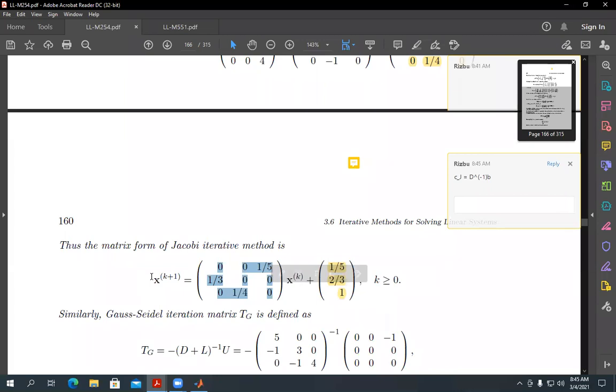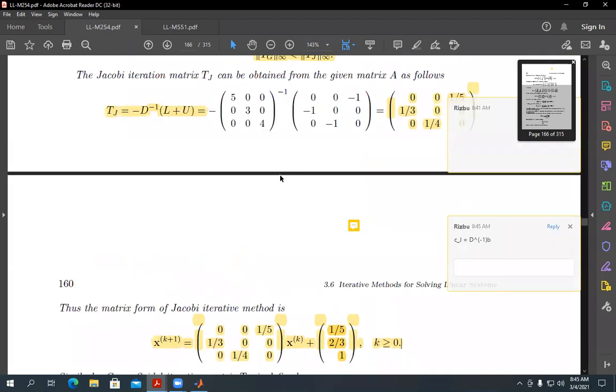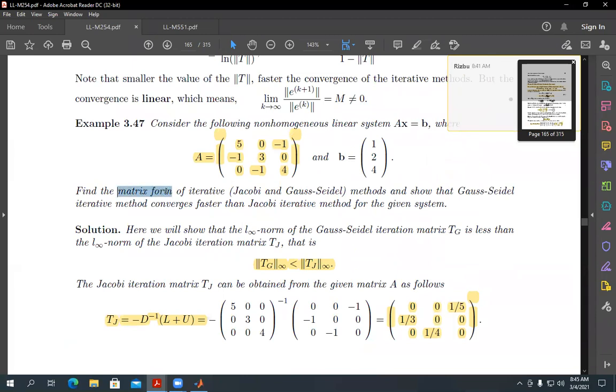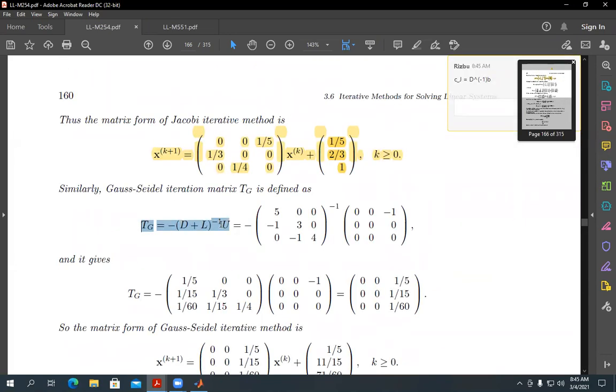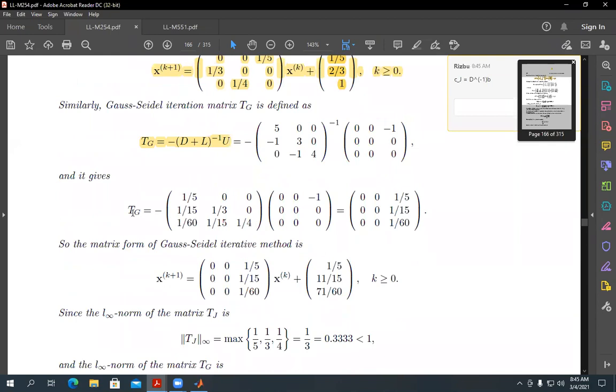This is the formula for the Jacobi method in the iterative form, because he is asking for the matrix form of both methods. Then we do the same thing for the Seidel: we have minus D plus L, times U, and you find the inverse. When you simplify, you have TG and CG, and this is the matrix form. So we finished the first part.